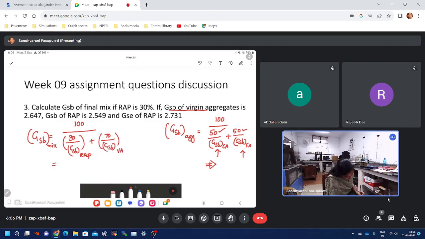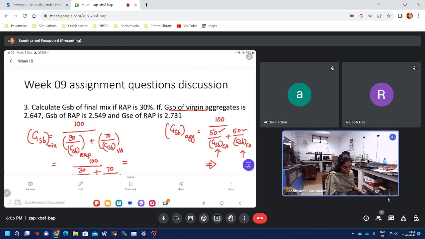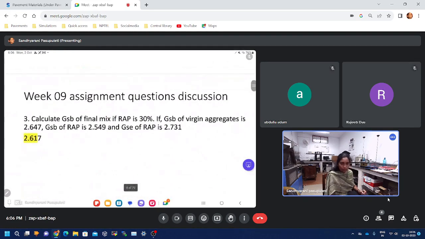So 100 divided by 30 divided by the GSB of RAP, 2.549, plus 70 divided by the GSB of virgin aggregates, 2.647. If you do the calculation, we will get the GSB of the mix as 2.617.